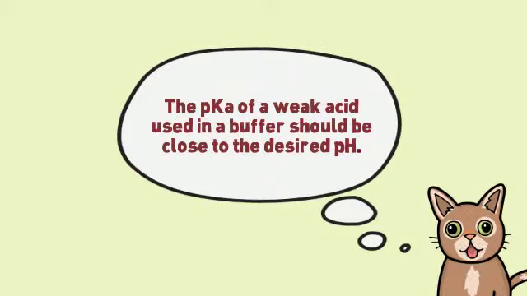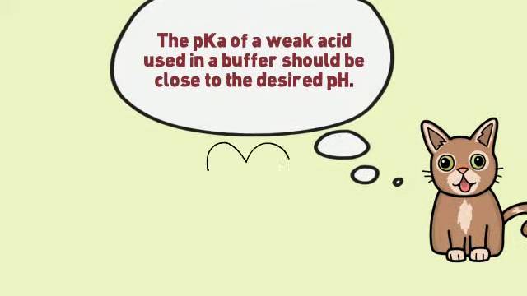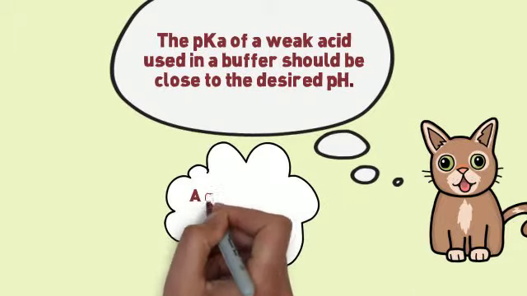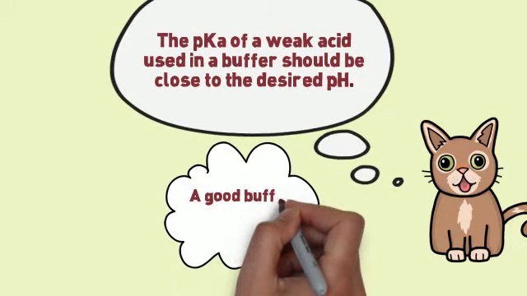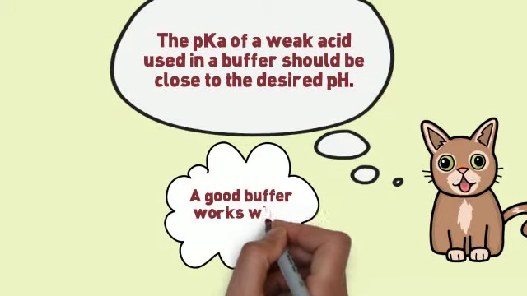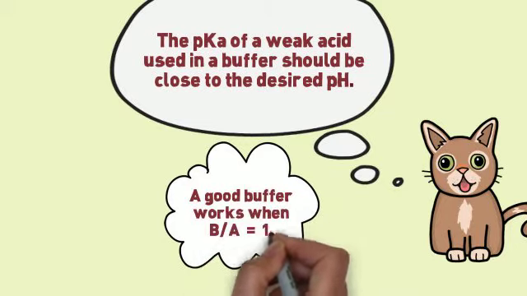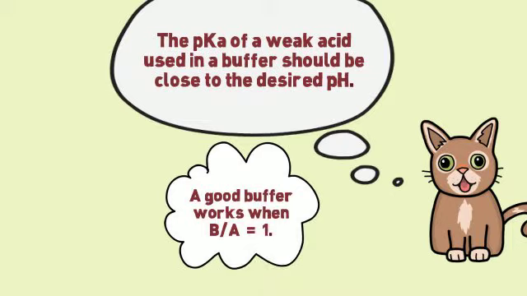This is how you figure out how to do it. In other words, a good buffer works when the concentration of the base divided by the acid equals 1. That makes a good buffer when they are close in concentration.